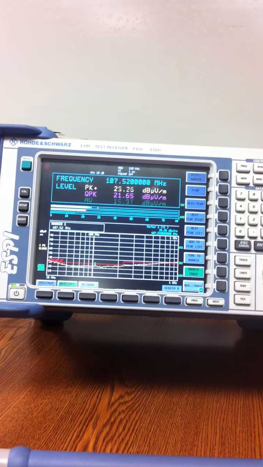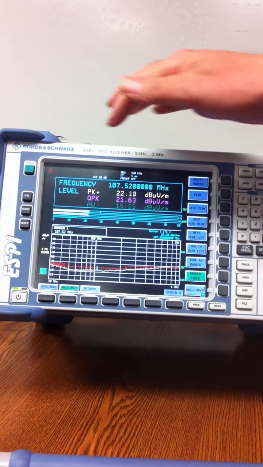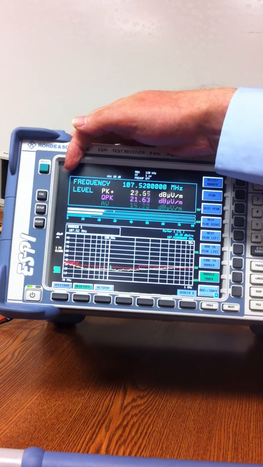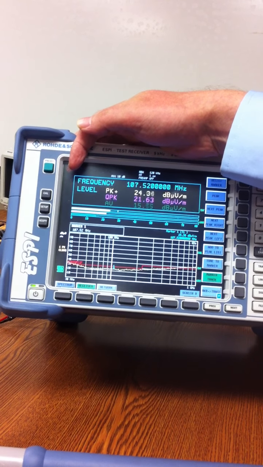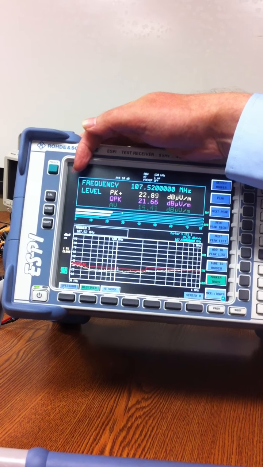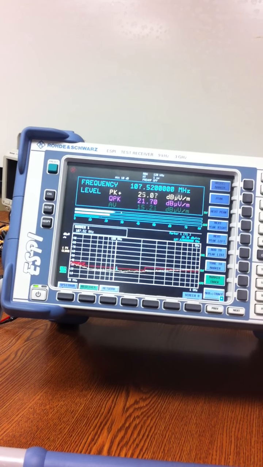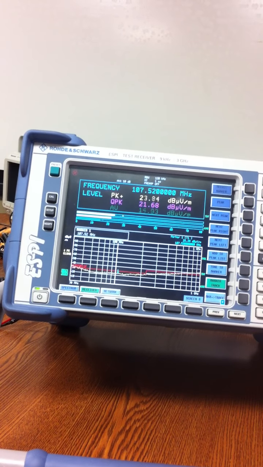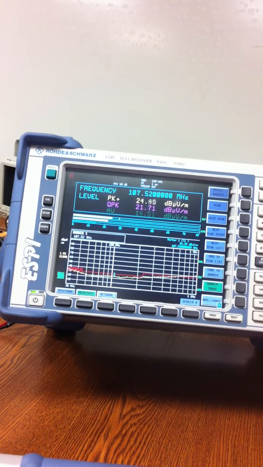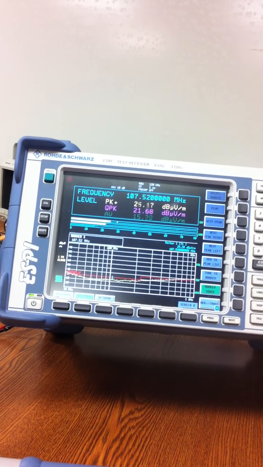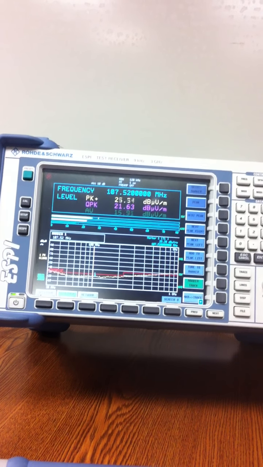Sometimes, not now because there's no signal, there will be a little red light that tells you IF over range or something like that. If that happens, the measurement is not accurate, since some part of the signal chain is overloaded, and sometimes it's the interference frequency. If that happens, you have to reduce the amplification by putting in some attenuator in the system.